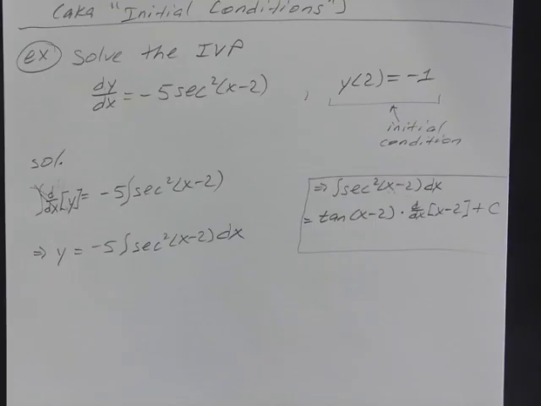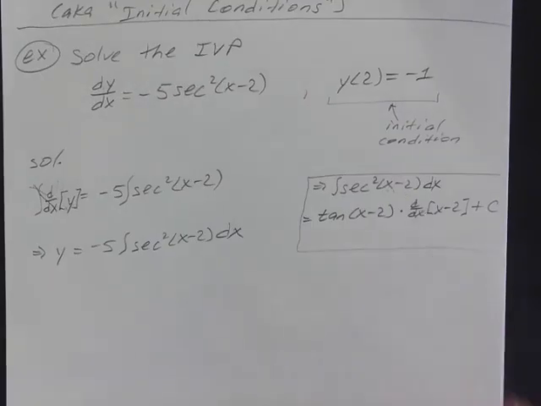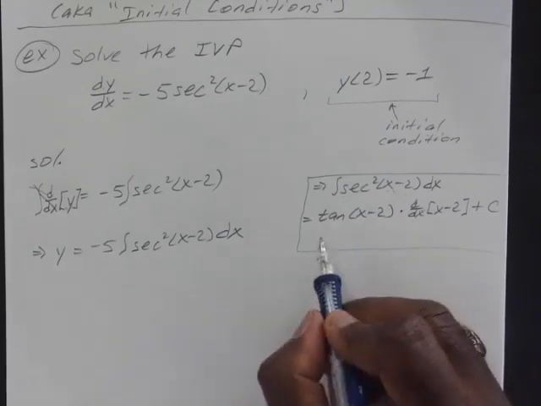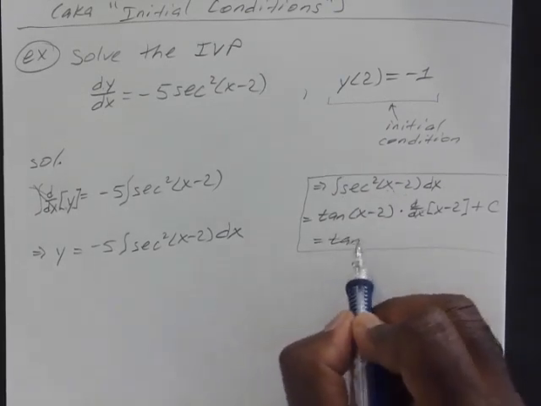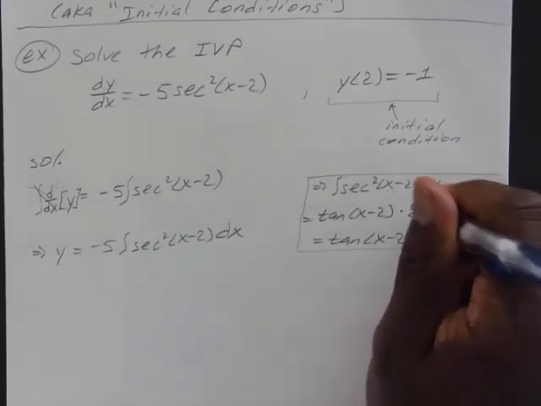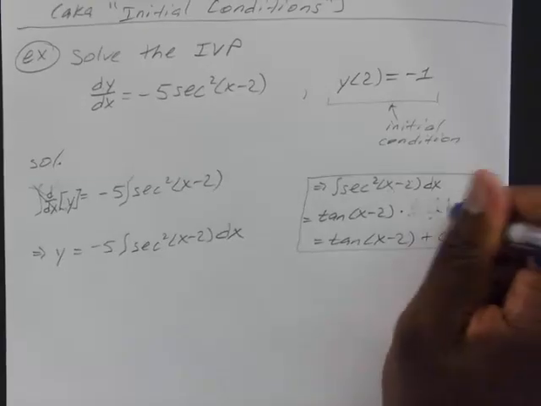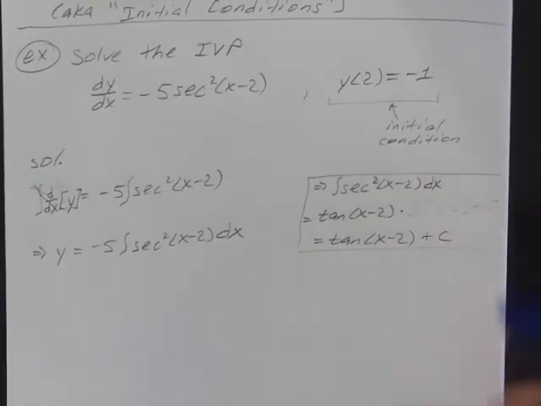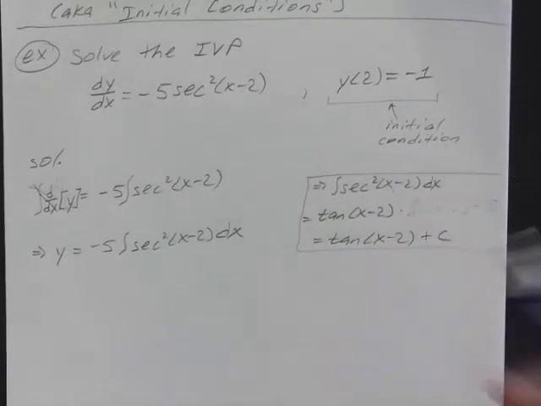Well, actually, that's just 1. I didn't have to bother writing that because that derivative is just 1. So it's just tangent of x minus 2 plus c. Yeah, that one was kind of unnecessary since it ends up being just 1. So I'll just write that as plus c.